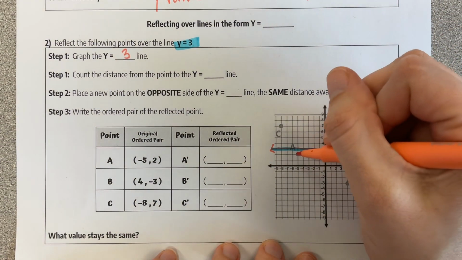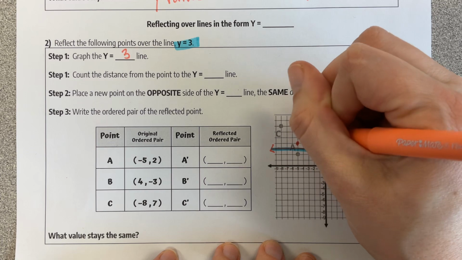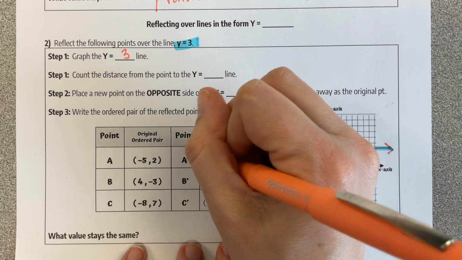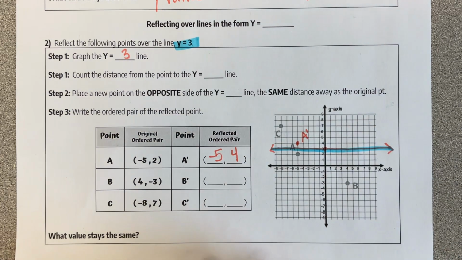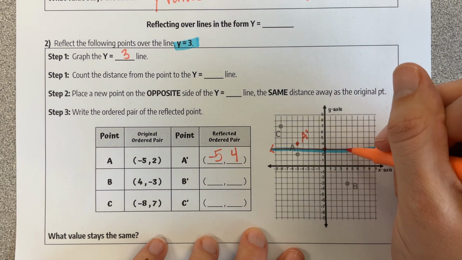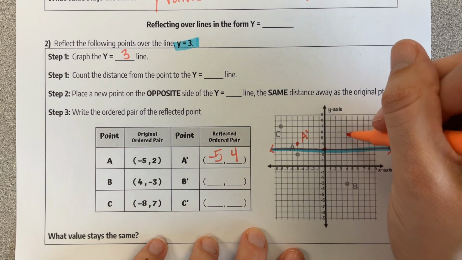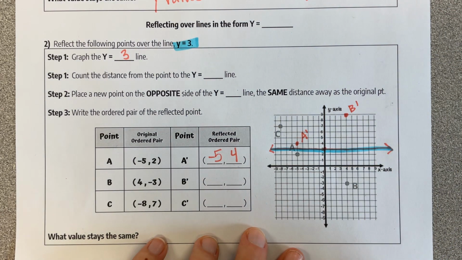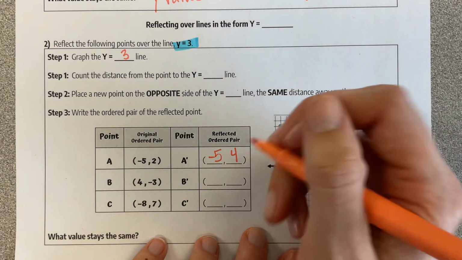Now we're reflecting up and down, the opposite way. So if A is 1 below, A prime is going to be 1 above, and that's at the point -5, 4. B is 1, 2, 3, 4, 5, 6 below, so 1, 2, 3, 4, 5, 6 above, and that's at the point 4, 9.